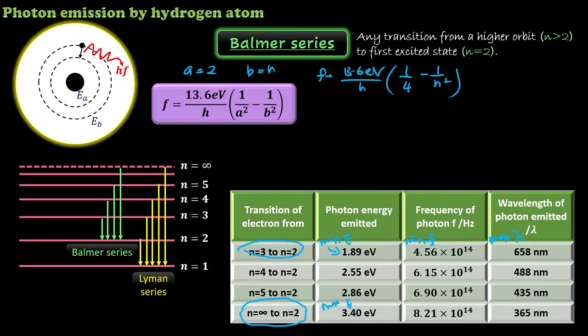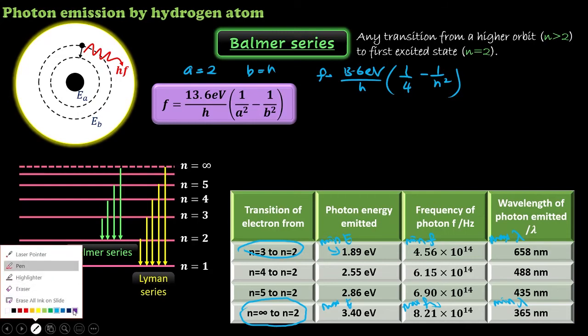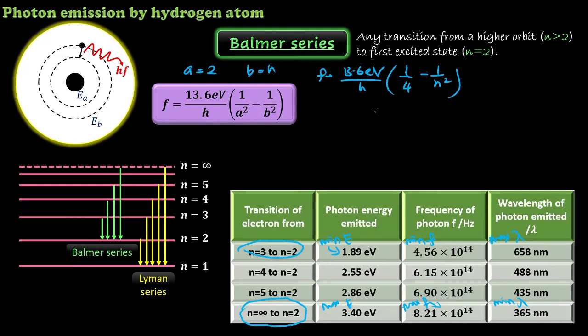While for the maximum frequency, it is equal to 8.21 times 10 to the power 14, and this will be your minimum lambda in the Balmer series, which is 365 nanometer.